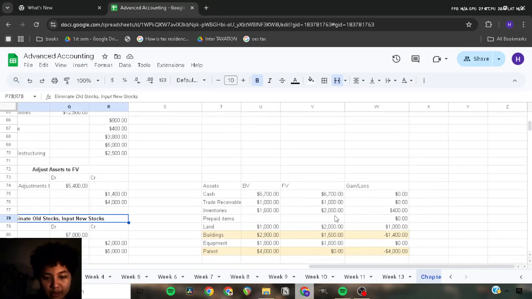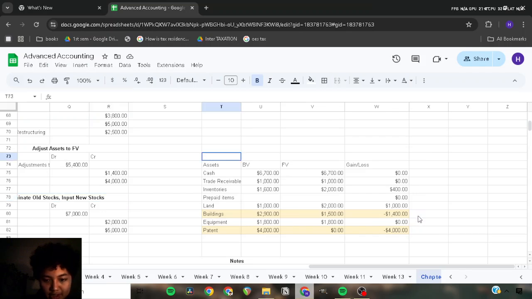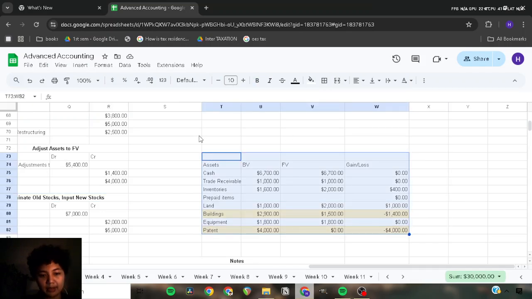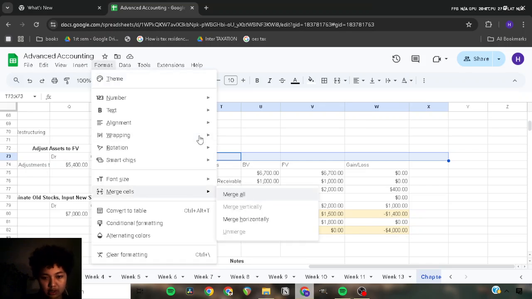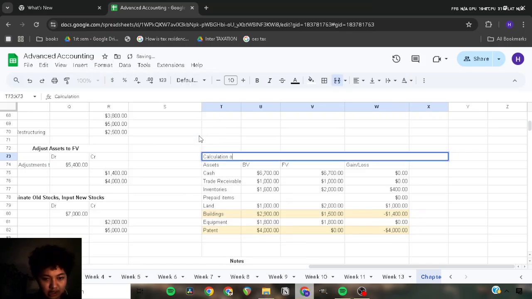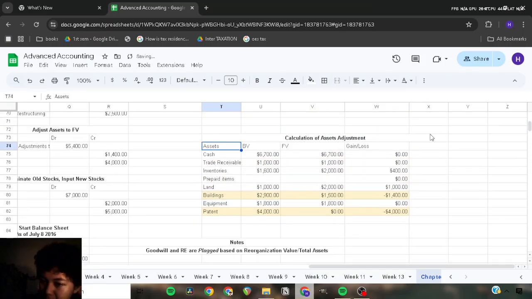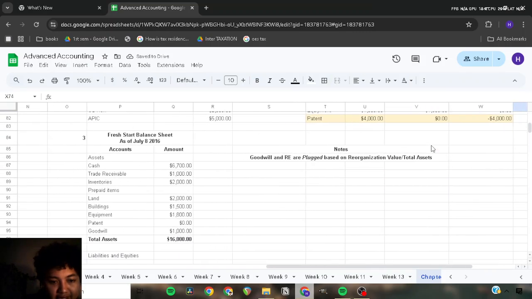And here on the right, I have provided the calculations that I did. You know what? Maybe I'll put a little note here: calculation of assets adjustments. Yeah, I use this for the second entry. But yeah, that's basically it.